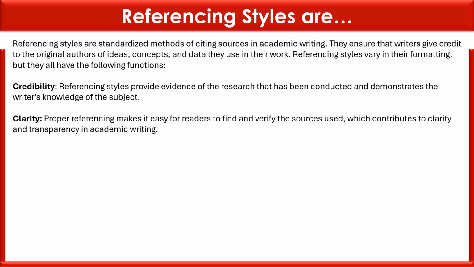They all have the function of credibility and the function of clarity, whereby under credibility, referencing styles provide evidence of the research that has been conducted and demonstrate the writer's knowledge of the subject, whereas for clarity, proper referencing makes it easier for readers to find and verify the source used, which contributes to clarity and transparency in academic writing.